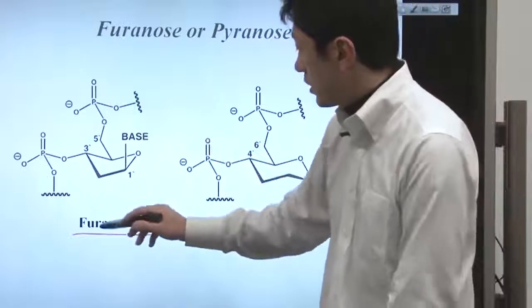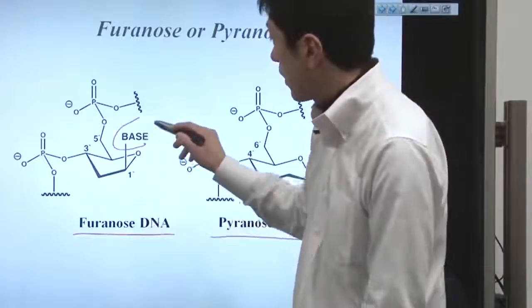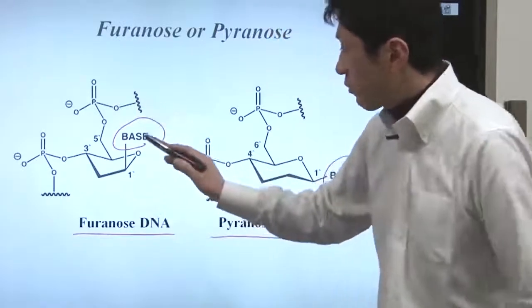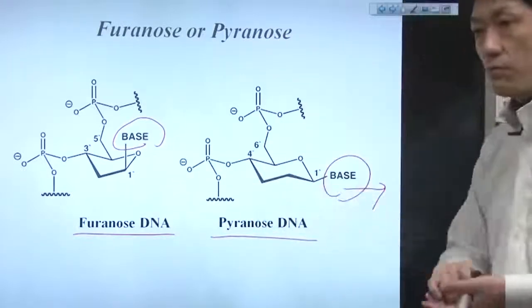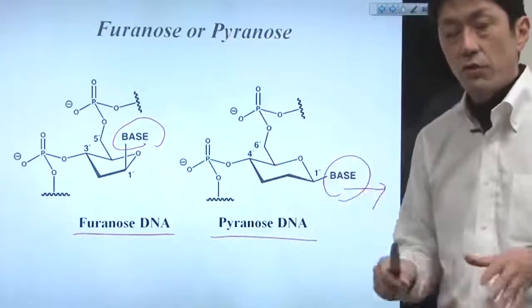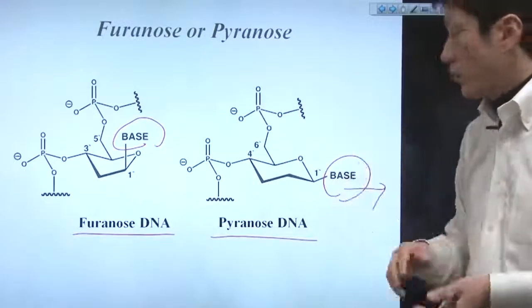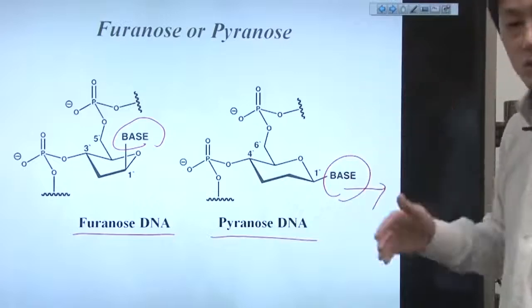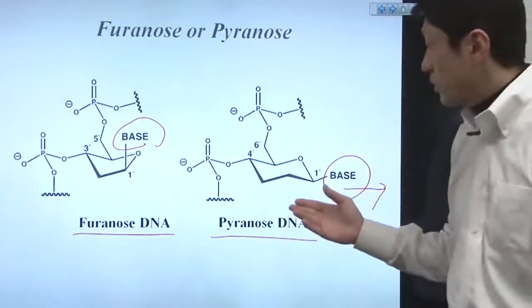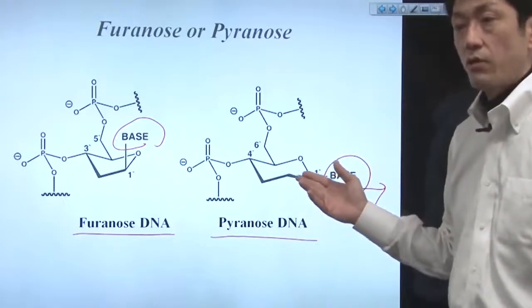But in this 5-member ring structure, the DNA base is facing this way. With this conformation, you can see the base pairing. But with this, the base faces in a different way. That's why you cannot see the DNA base pairing. That's why we don't use 6-member ring sugar for DNA structure.